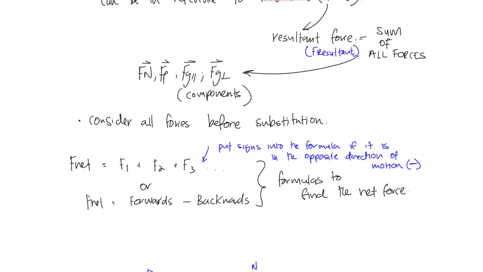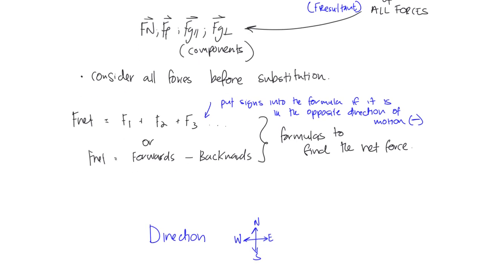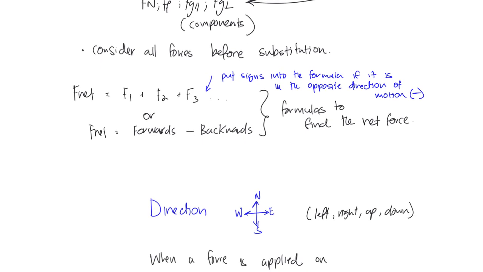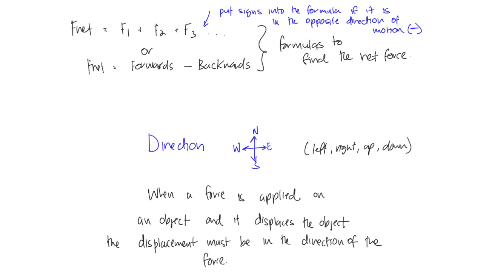When it comes to the direction, you can use any kind of direction. You can use cardinal points. You can use left, right, up, down if you wanted. Whatever the case is. We say that when a force is applied on an object and it displaces, the displacement must be in the direction of the force.